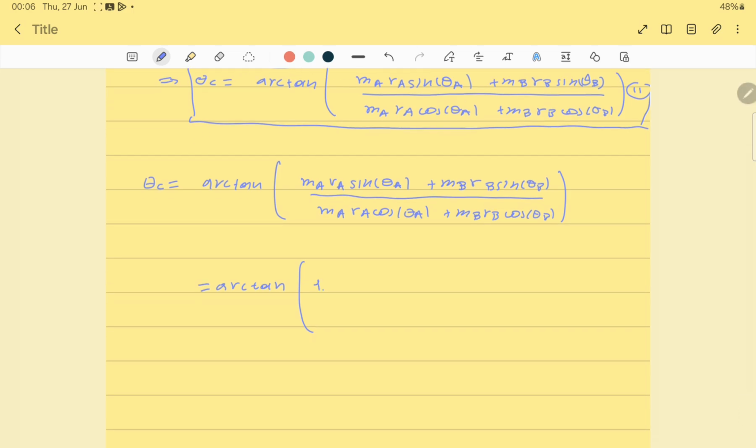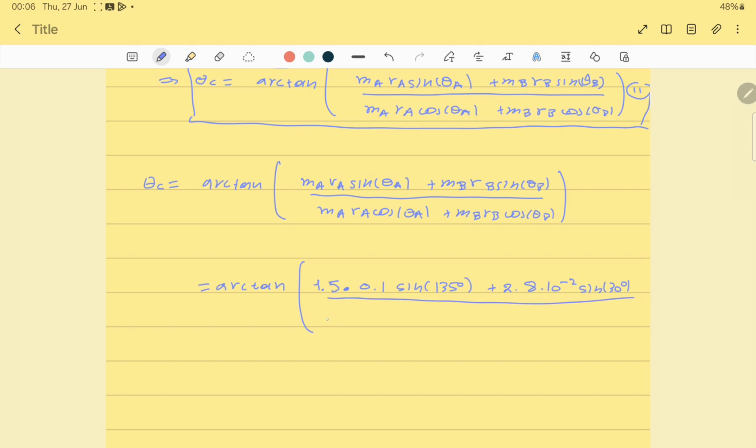I have converted the lengths into meters because you don't have to, but I do it because I want to have all the units in the international system of measurements. So it's 1.5 times 0.1 sine 135 degrees plus 2 times 8 times 10 to the power of minus 2 sine of 30 degrees.